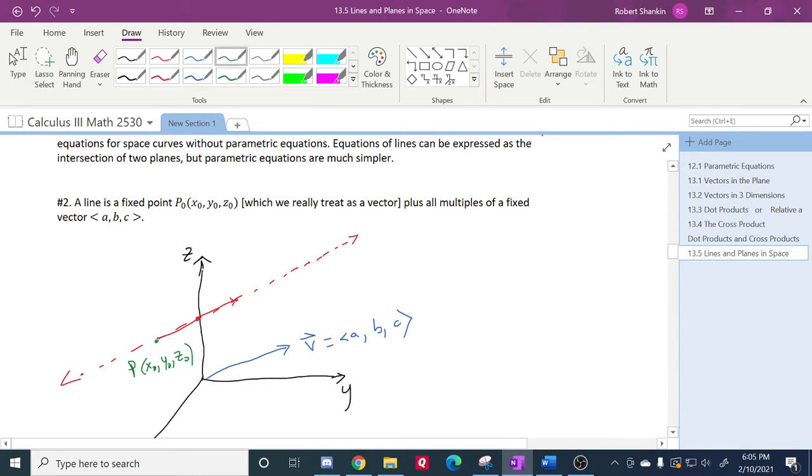When you take this vector plus this vector, you get a vector going from here to here, but we'd only count the tip point. And then you get all new tip points. The points at the tip of the sum of those vectors still map out the same red line.